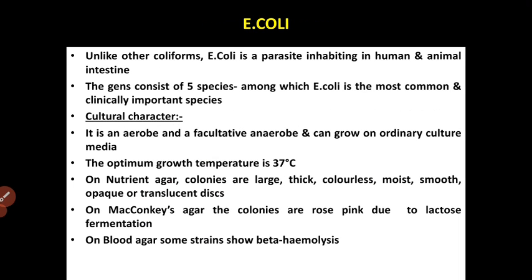Next, on nutrient agar, the colonies are large, thick, colorless, moist, smooth, opaque or translucent discs. Okay. On MacConkey's, the colonies are rose pink due to lactose fermentation. And on blood agar, some strains show beta hemolysis. Now we will not go in detail.